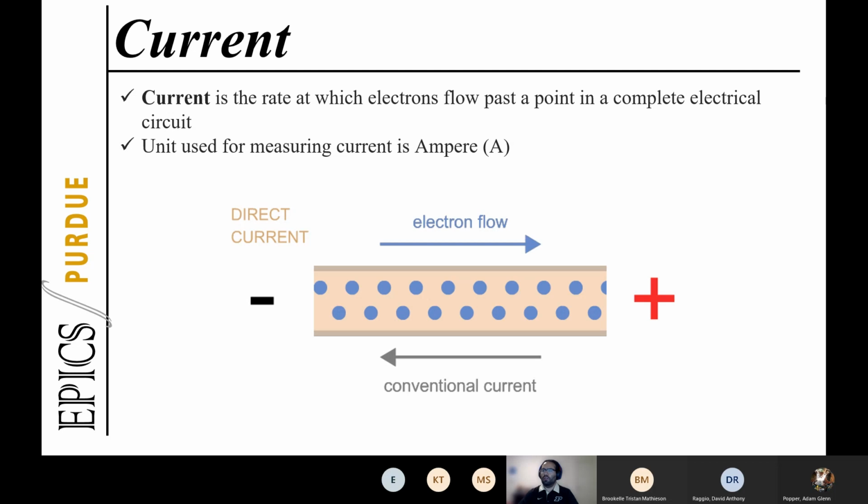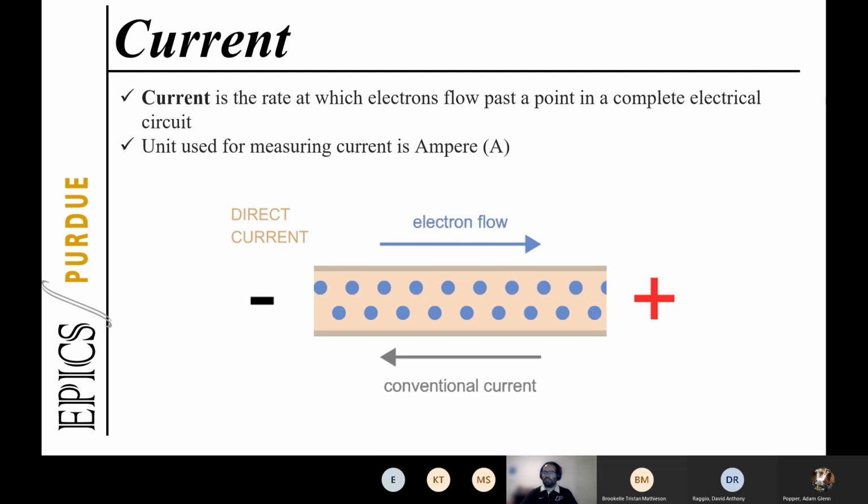Next, the idea of current is that we're looking at how fast electrons are moving through the cables. The convention is that while the electrons are moving in one direction, we say the electrical current is moving in the opposite direction.